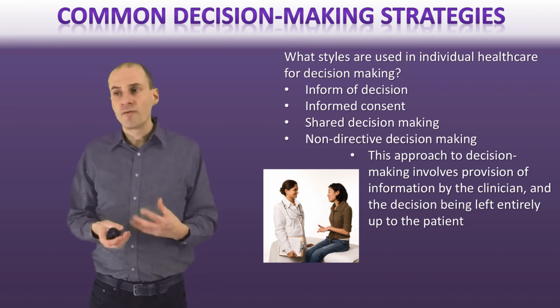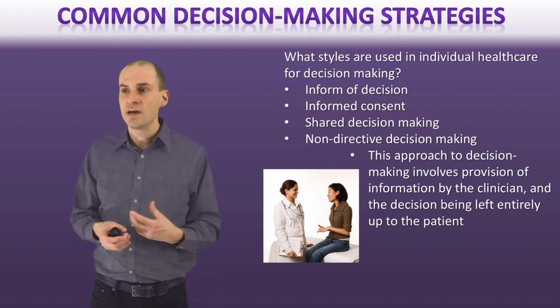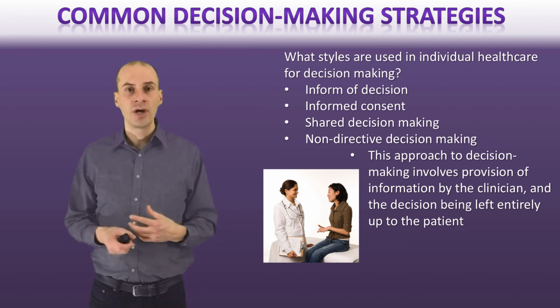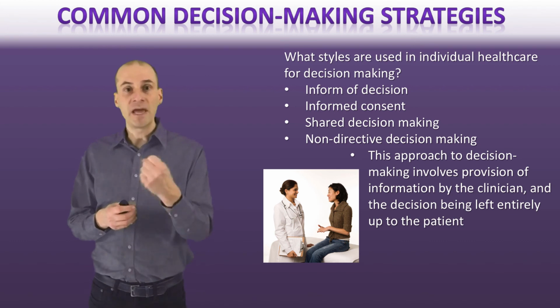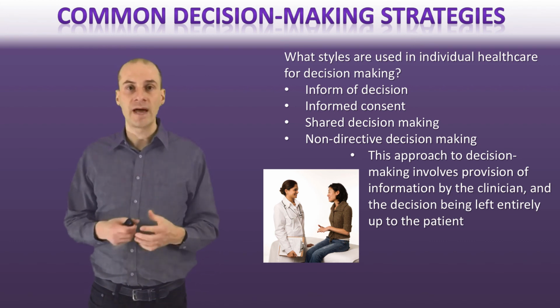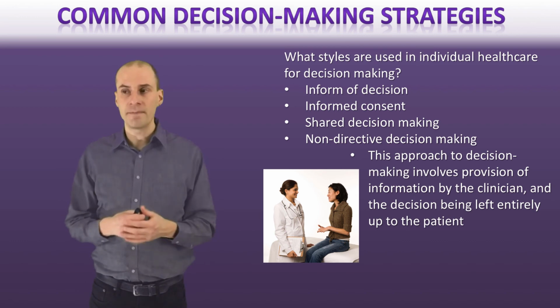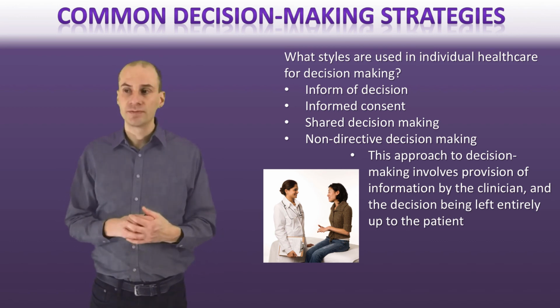One that's been used historically, especially, was called informed decision. And this is the authoritarian approach, where the clinician essentially decides you as a patient are going to do this thing, okay? Where there isn't really a discussion about it. It's just a decision, okay? So that's called the inform decision approach.